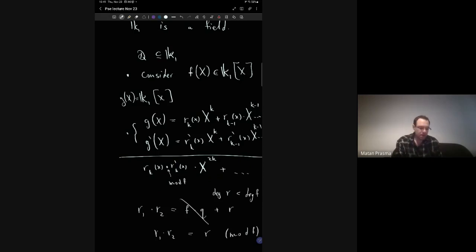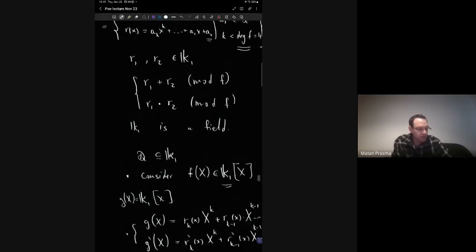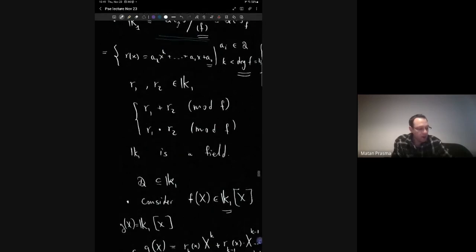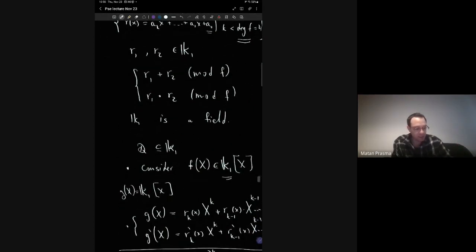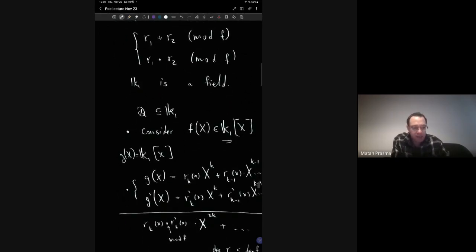Okay, and this is what I do in K1. K1, remember, was defined to be all polynomials of degree smaller than the degree of f, with addition and multiplication being modulo f. And we showed that this is a field. And since it is a field, now I can consider polynomials over this field. How these creatures behave?